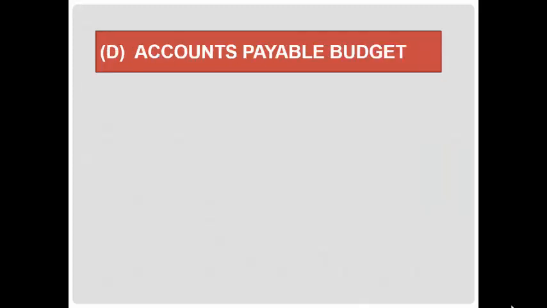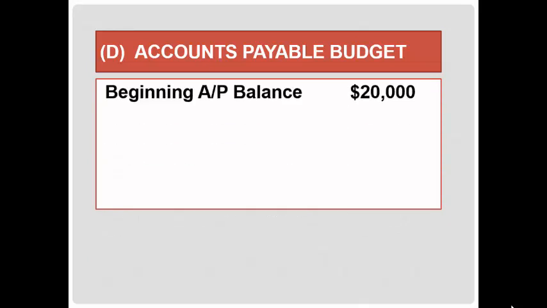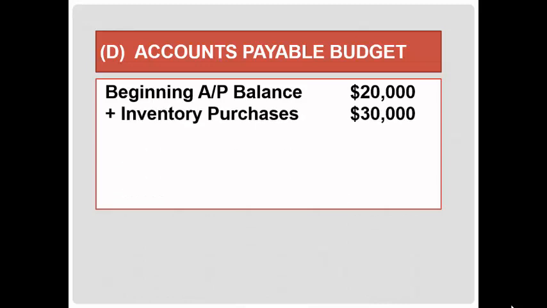Now we're also going to prepare an accounts payable budget. This is another balance sheet type budget, and so it will have a beginning balance, and that was given to be $20,000. That was there in the fourth bullet point. Purchases during October are given to be $30,000. So this is for the month of October.